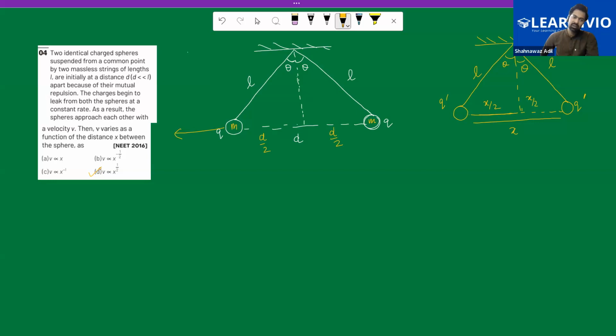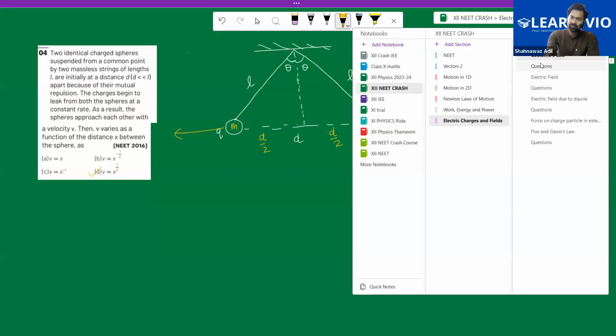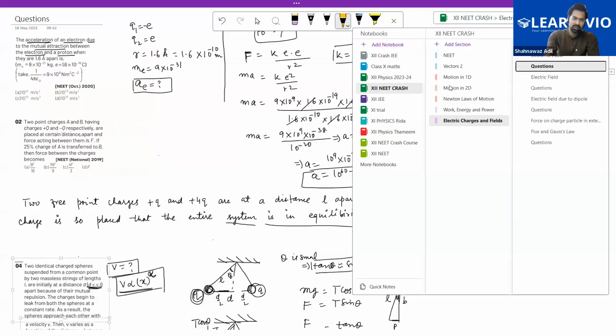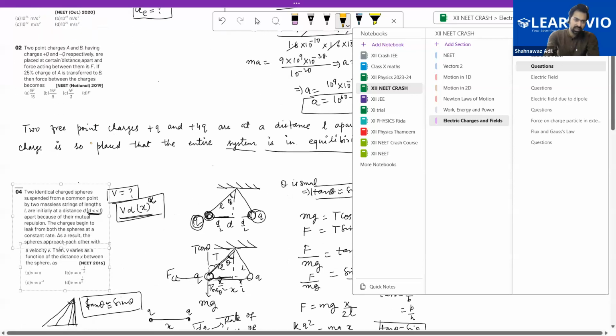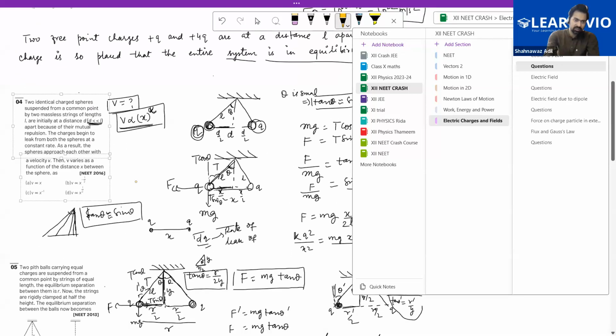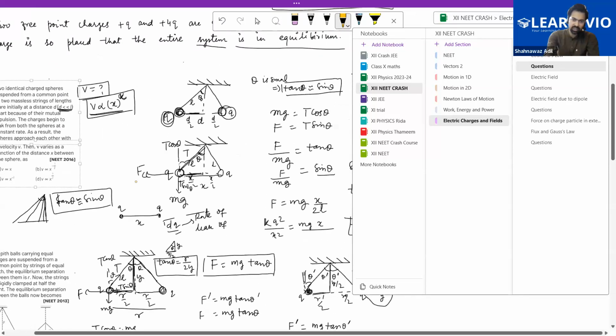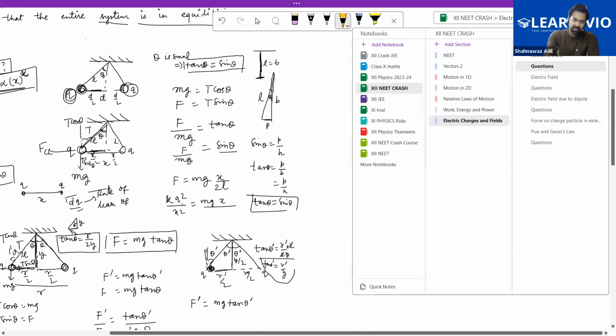Okay, so if you have done the calculation, then yes, x to the power half is the right answer, right? Let me check that if it is the right answer. Did I do this? No, I have not marked this one, but this will go in here.